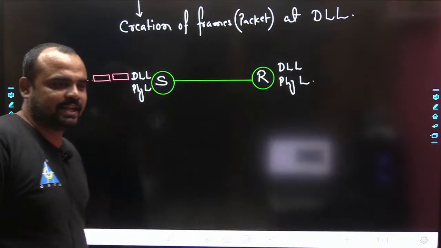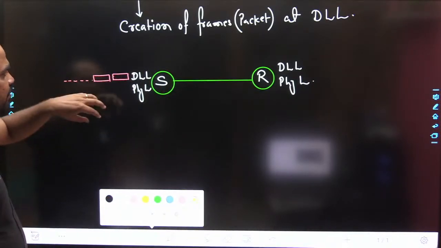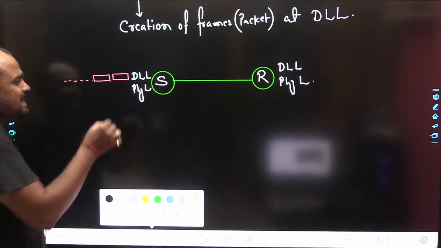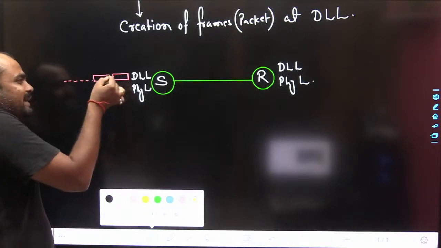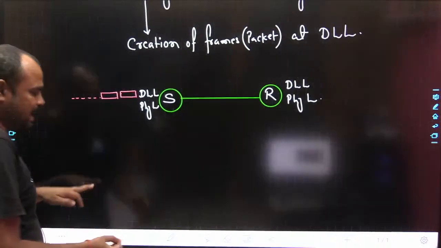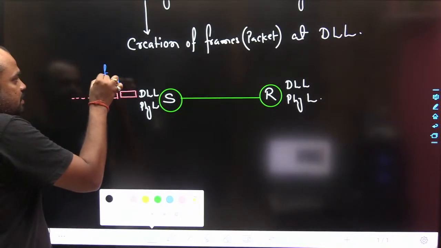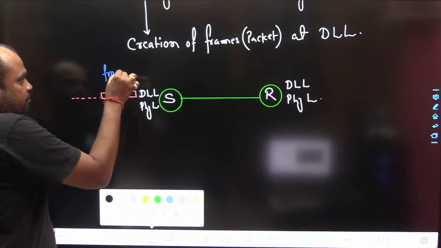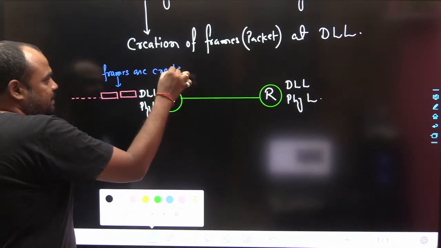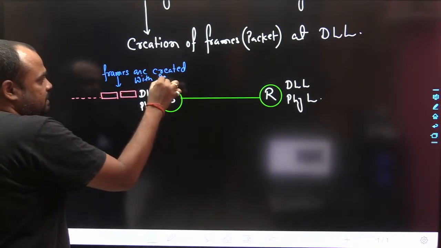Okay, fine. So at the data link layer, what will happen? The frames will be created, and whenever you are creating a frame, it will be created with some logic. So I am writing it in a very short form: frames are created with some logic.